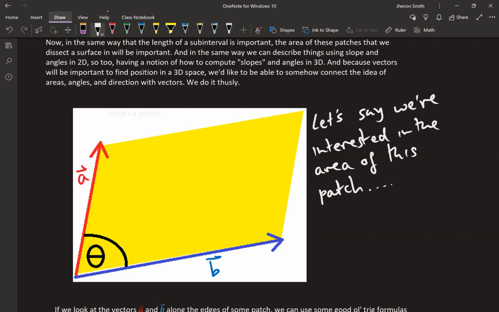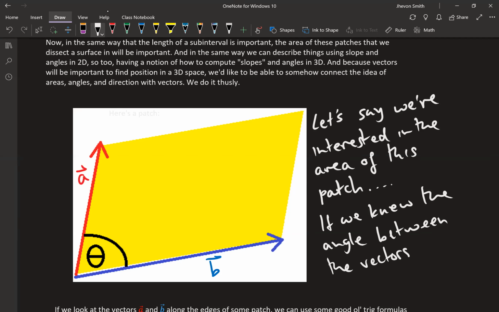Let's suppose we care about the area of this patch. How would we actually go about figuring out what that area is? And let's say for some reason I know the angle. Now I'm going to show you how to find the angle between the vectors as well. But let's say I wanted to find the area.